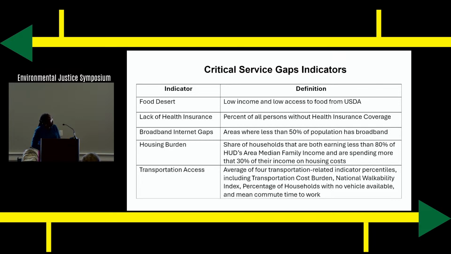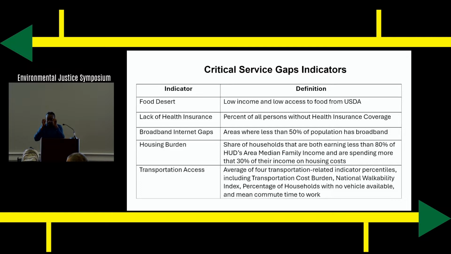It also looks at transportation access that relates to transportation burden, national walkability index, percentage of households with no vehicles, and a means to commute. Critical service gap indicators. Yeah.